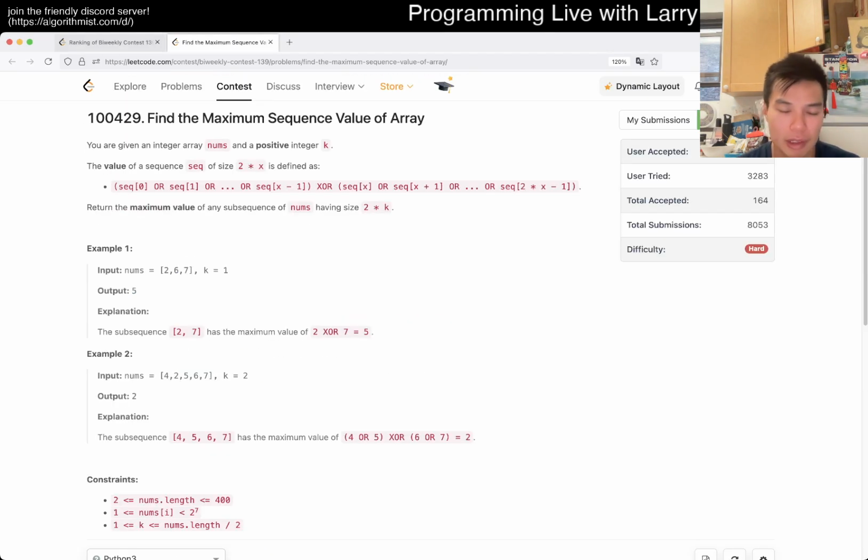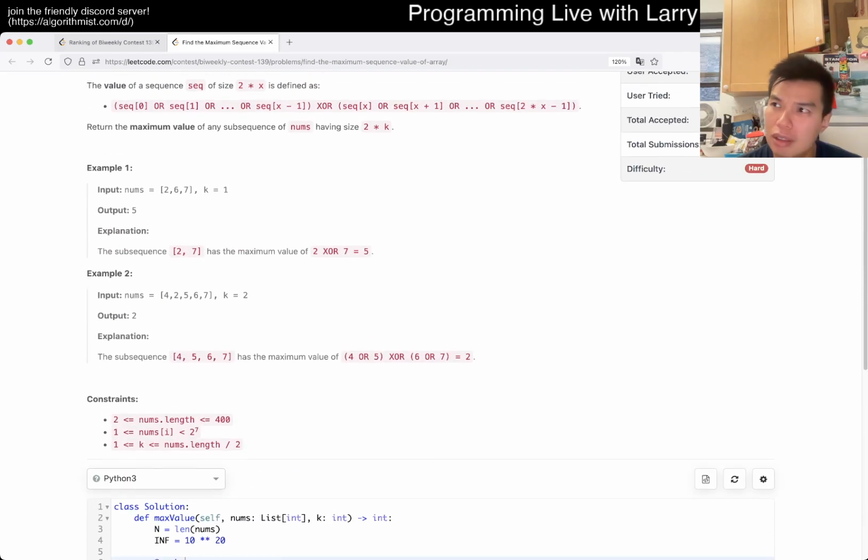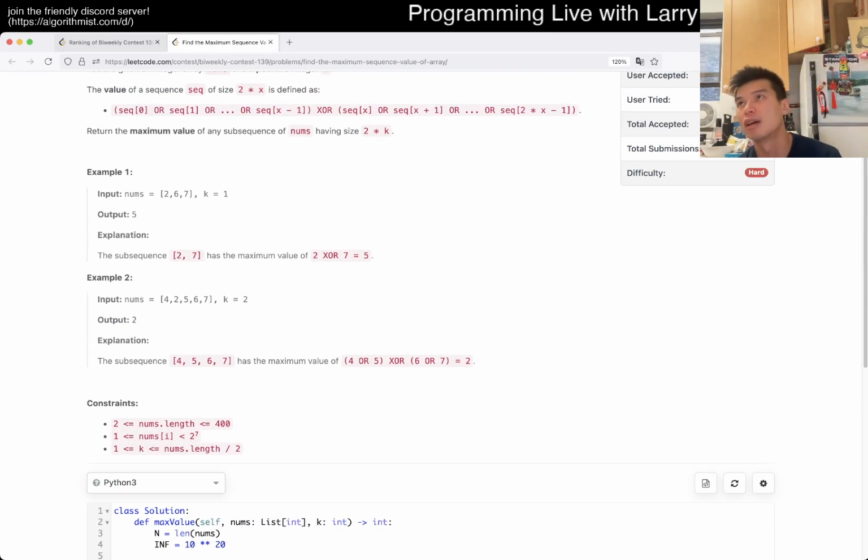I mean, there was the other way of doing it, but well, it's just too many. 128, 128. Yeah, that would have been a little bit tight.